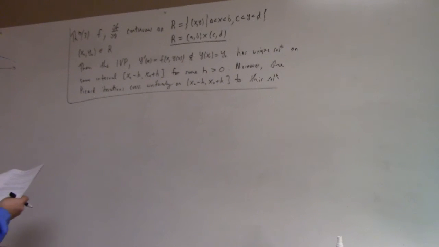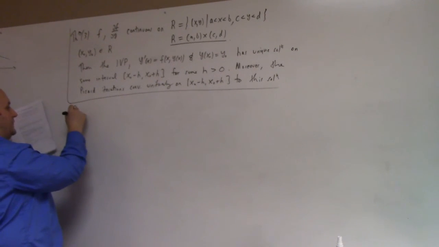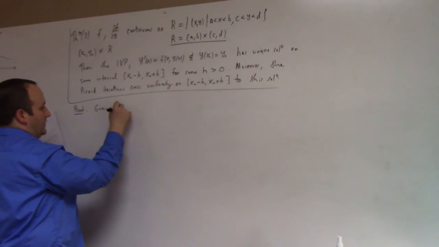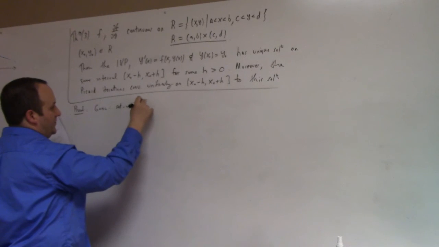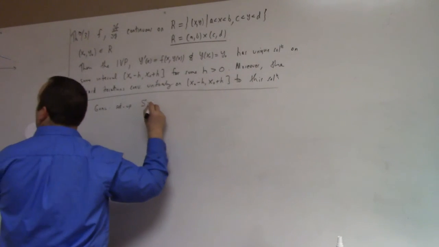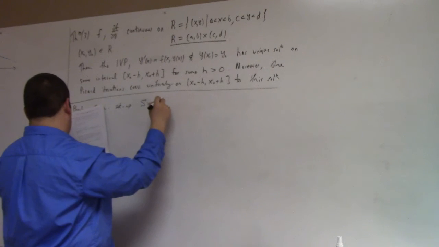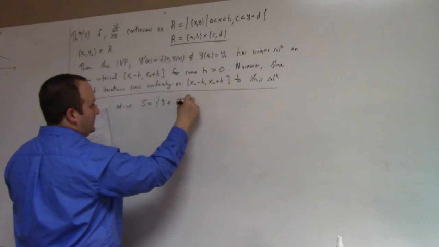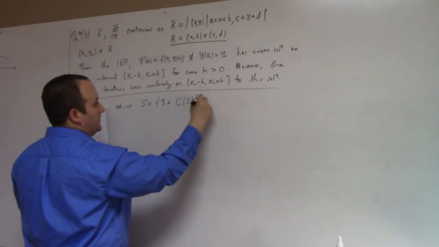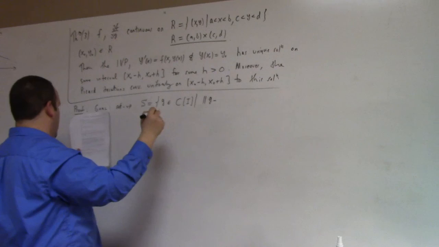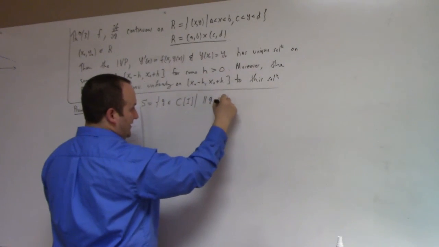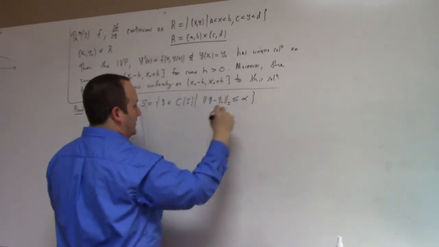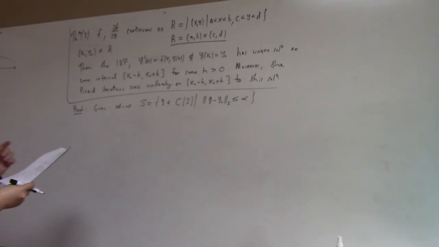Our goal basically is to set up the S for the Banach fixed point theorem, which is g in the continuous functions on some interval such that the norm of g minus y naught relative to that interval is less than or equal to alpha for an appropriate choice of alpha, right?